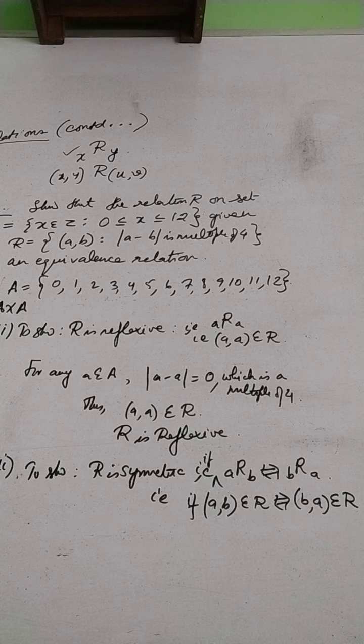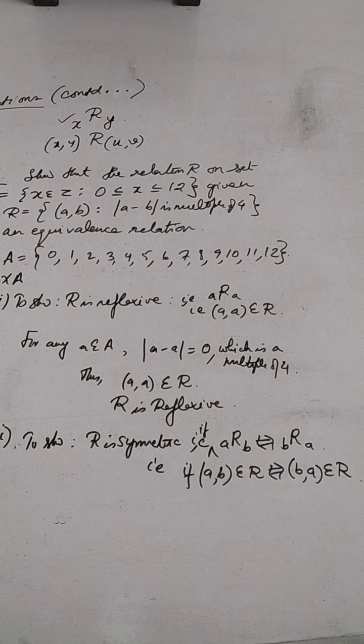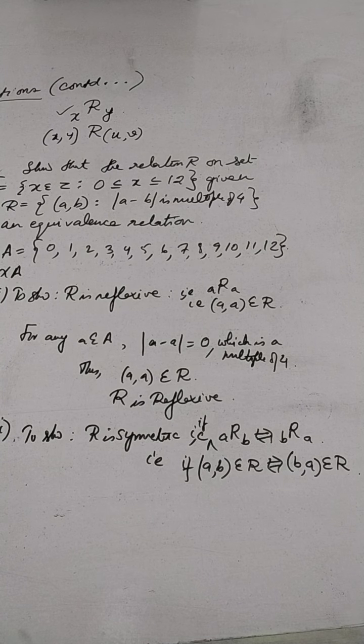The best thing is, if you can show it in general, please show it in general. Don't take particular examples, because there can be exceptions: one pair may not satisfy this property, and in that case it will deviate from the rules we have.